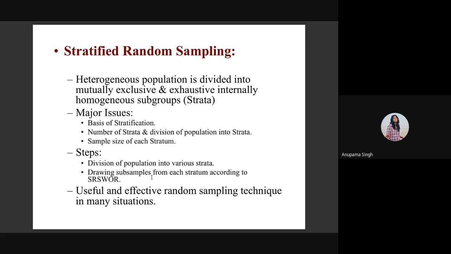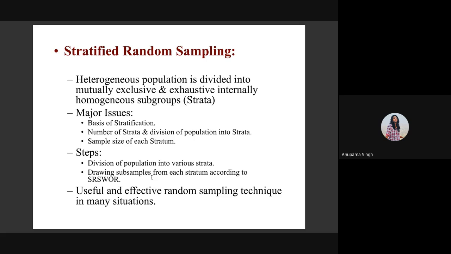The researcher here knows that there might be different kinds of responses from rural and urban areas, right? Because there might be more joint families in rural areas and nuclear families in urban areas. And we can say that might affect mental health, right? So in that way, the researcher knows.